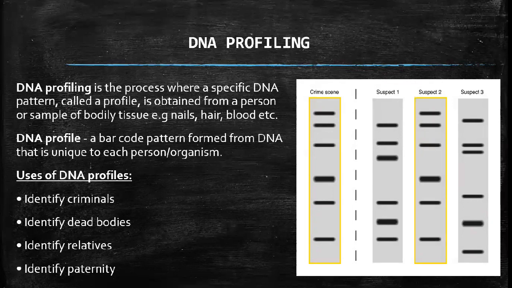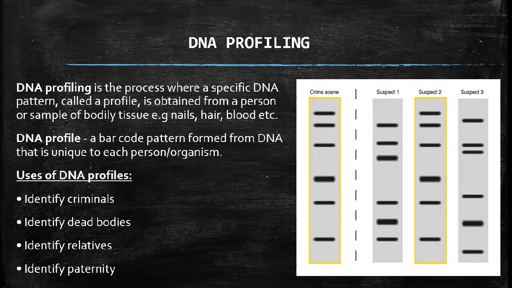Now, what is DNA profiling? DNA profiling is the process whereby a specific DNA pattern called the profile is obtained from a person or a sample of a bodily tissue. Example, your nails, your hair, your blood.